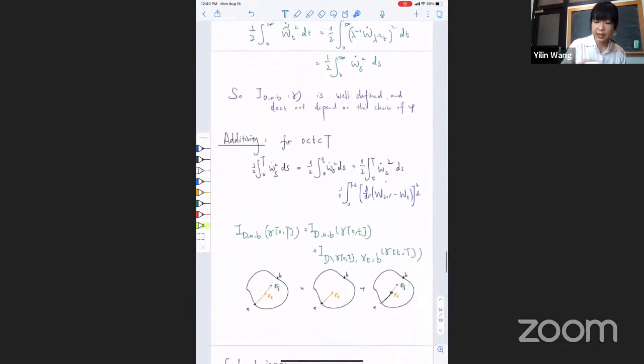All right, and for the additivity, what that says is that you can just look at this picture. If I have the curve from A to B, let's say I stop at time capital T, then I can compute the Loewner energy of this curve by summing up the Loewner energy of the first bit plus the Loewner energy of the second bit, but in the complement of the first one.